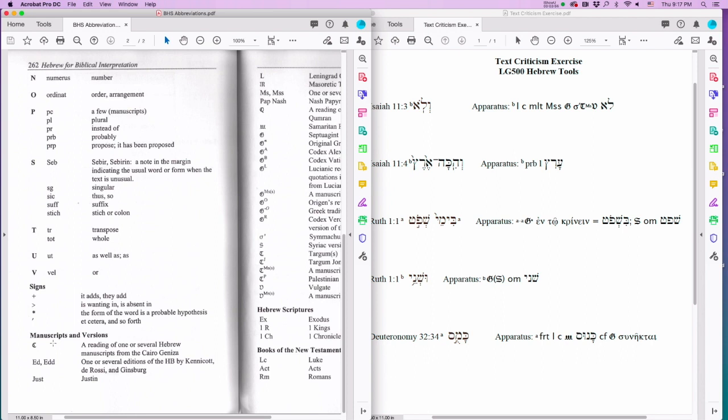Whenever a manuscript becomes too old and faded or is falling apart and isn't going to be used liturgically anymore, it will be put in one of these rooms. It will not be destroyed if it has the name of God in it, because they don't want to destroy manuscripts that have the name of God.